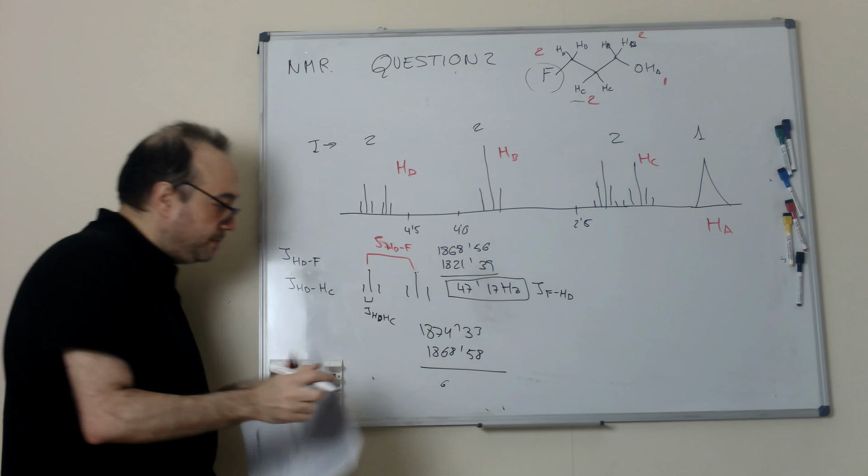And then we will analyze the signal that is a triplet. We only have one coupling constant, that is HB HC. It means this proton is coupling with these two protons, which are coupling with these two protons. In order to calculate the J coupling, what we have to do is exactly the same as before. We analyze, for example, this distance, or this distance, which is equivalent.